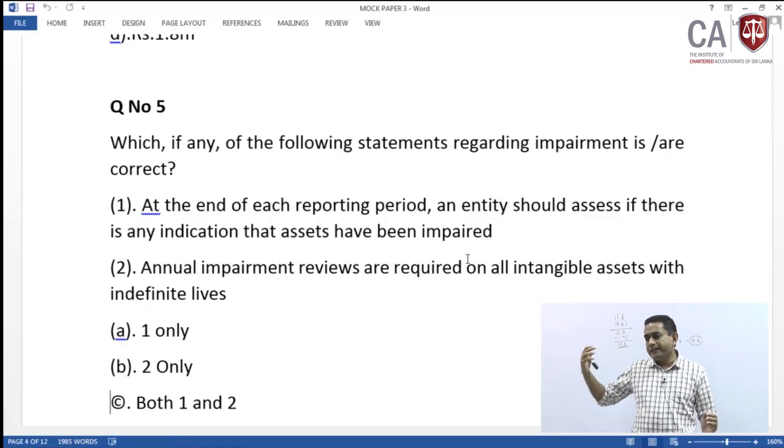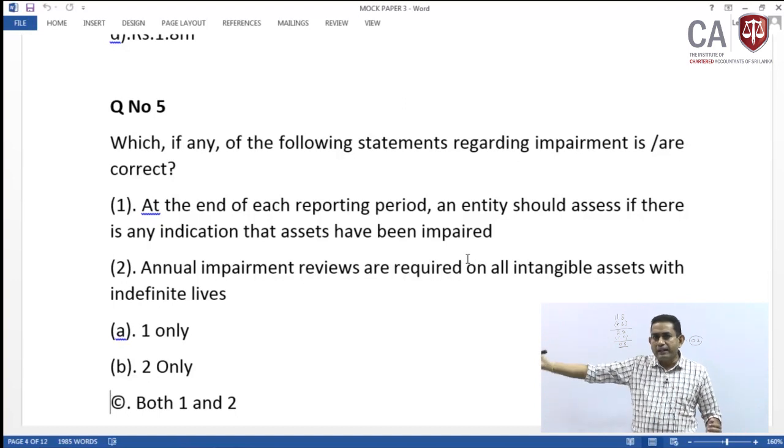You get indications from multiple sources, just to make you understand that the future cash flows are lower, so the carrying values cannot be recovered from the future cash flows. Those multiple pieces of information are taken basically from two sources, internal and external.